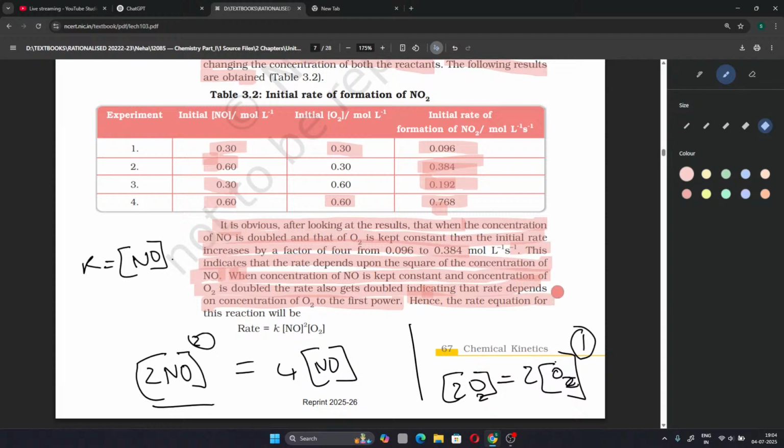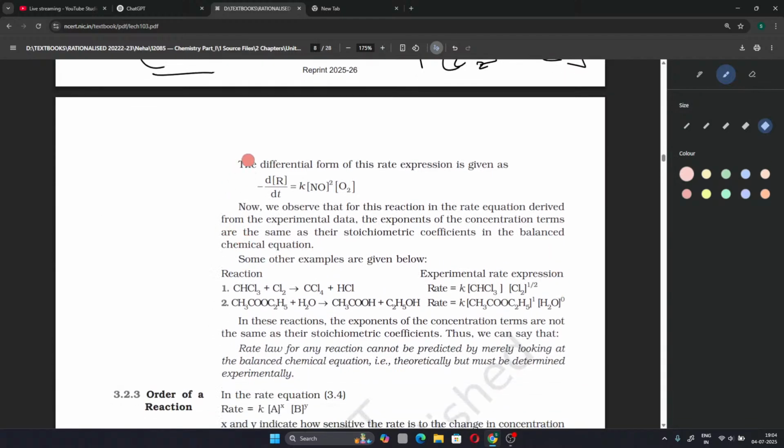Hence, the rate equation in differential form for this rate expression is given as minus d[R]/dt equals k [NO]^2 [O2]. Basically, what we deduced is that the rate of the reaction increased by a factor of 4 when we doubled the concentration of nitrogen monoxide, but the rate only doubled, increased by a factor of 2, when we doubled the concentration of oxygen.